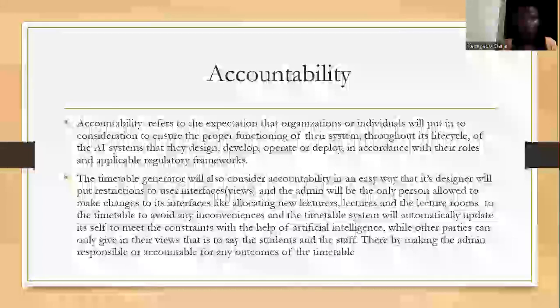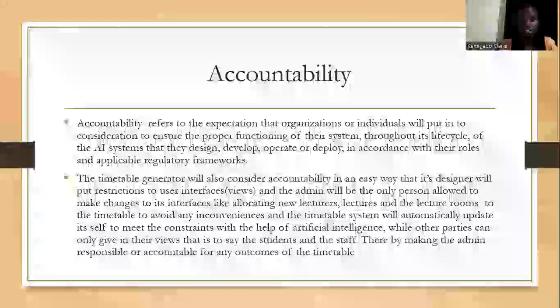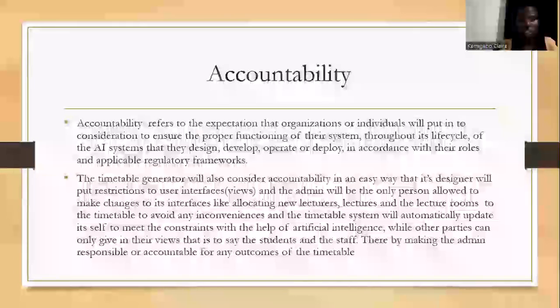For example, a student gets a notification that they have a lecture at this time, and yet it doesn't reflect on the timetable, as they have different views. Everyone has a different interface. The admin has a different interface compared to a student. Who is responsible in such a case? For us, we decided that it's only the admin.